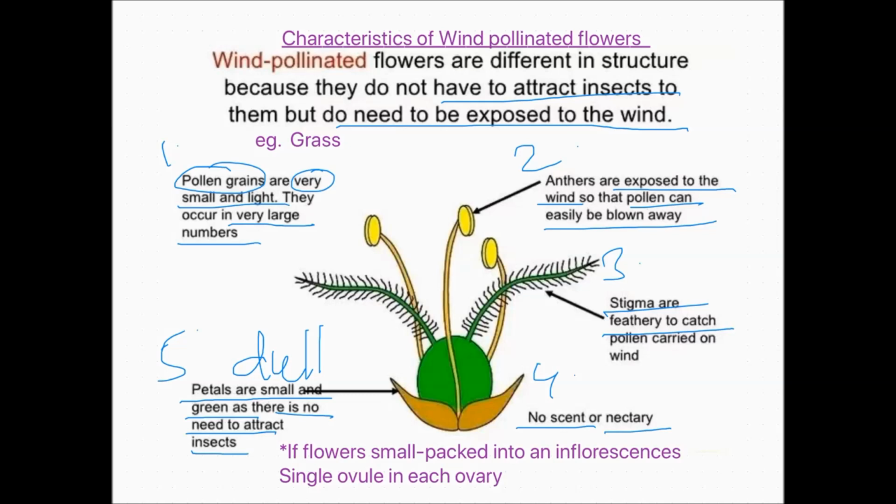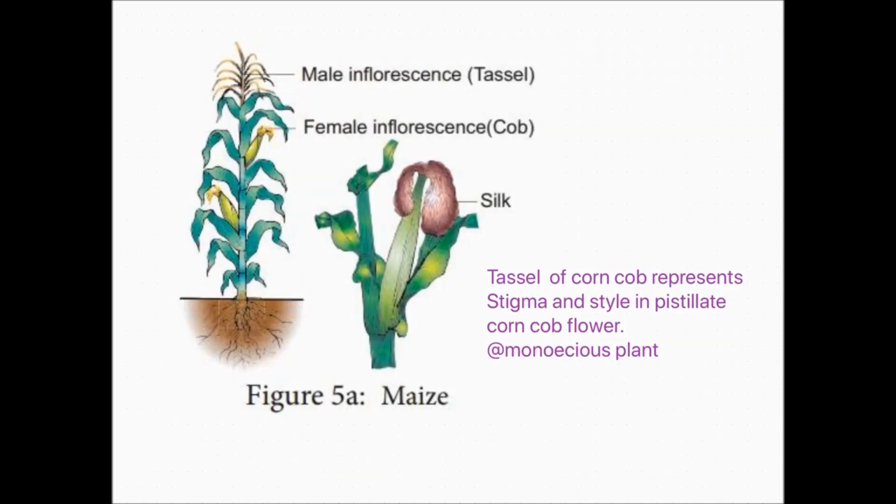If the flowers are small, it will be packed into an inflorescence, and there will be a single ovule in each ovary. There is a common example of wind pollination, like maize, corn cob.